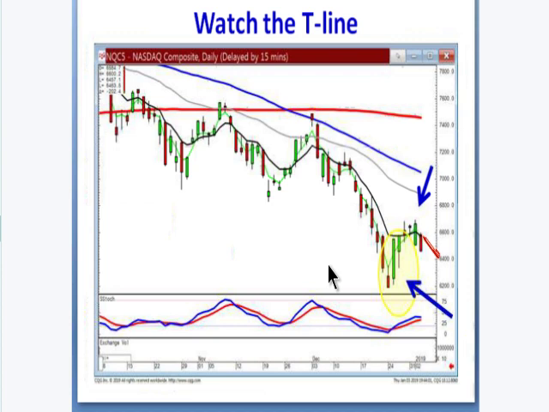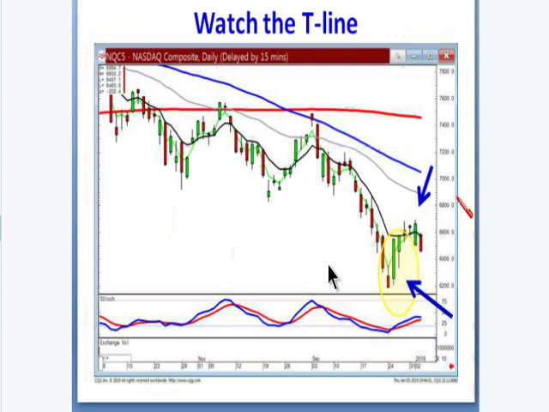Right at the T-line and went the opposite direction. So what pattern can we see here? Bearish J-hook. Now, if it doesn't open lower tomorrow, and let's say does a doji type day, and then starts trading back up Monday, what's the pattern we might start watching for then?